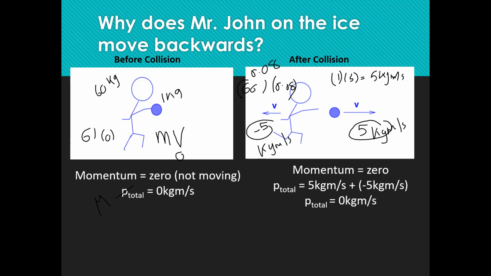If you multiply them, you will find that the answer is 5, but it's -5 because he's going backwards. So the total momentum of the rock, which is going forward, plus the momentum of Mr. John going back, adding them to each other, you will find the total momentum is 0. Is it clear?